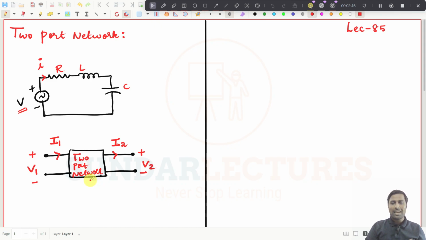We are also going to see ABCD parameters, which we apply in transmission networks. For those ABCD parameters, I will change this current direction. We have already seen that whatever current direction we take is up to us, so it is my wish to take the current direction in this way.